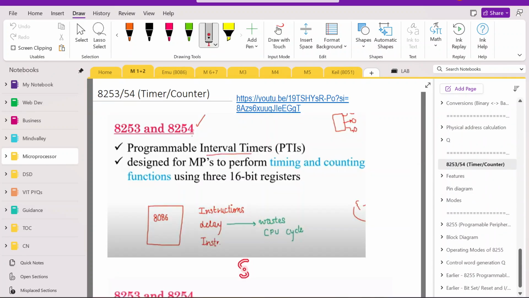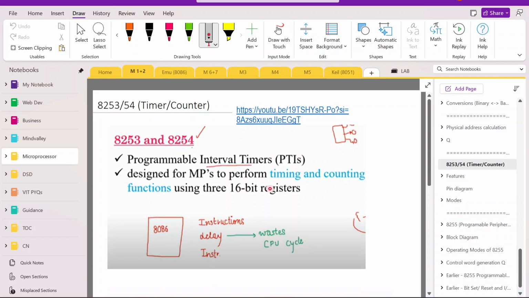As you studied 8085, which had some limitations and led you to study 8086, this is just like that. You studied this, and a few features were added to make it 8254. So don't get confused about what is this and what is this. These are the same thing, but one is the advanced version of the other.